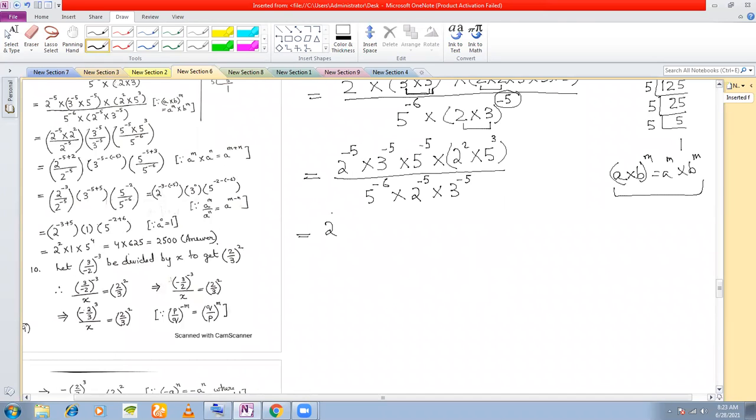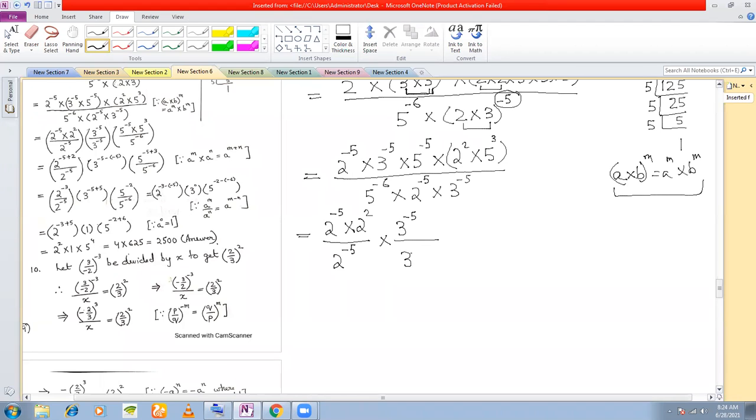So I write this as 2 to the power of minus 5 into 2 square. So can we cancel 2 to the power of minus 5 and 2 to the power of minus 5 down below also? You can cancel also. Yes. So you separate 2 to the power of minus 5 into 2 square divided by 2 to the power of minus 5 into, now you take 3's together. 3 to the power of minus 5 is the only 3 that you have in the numerator.